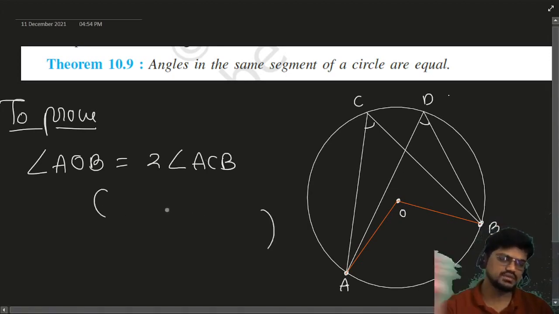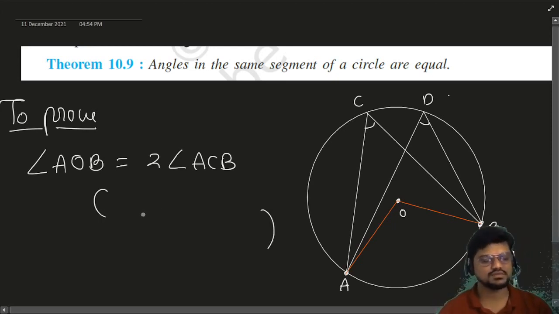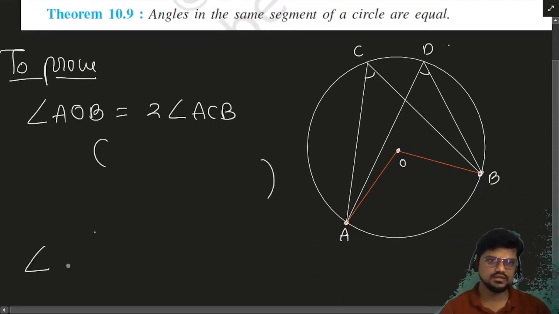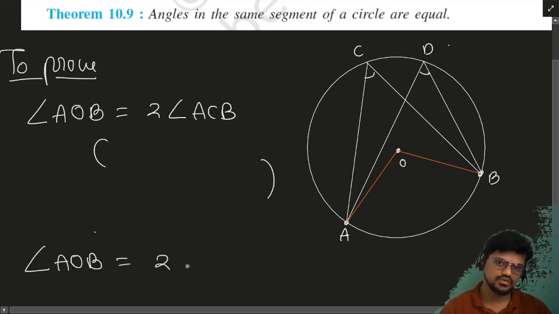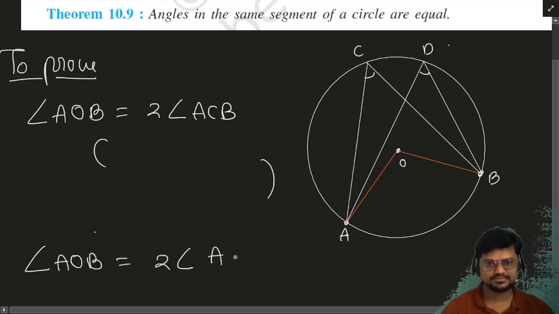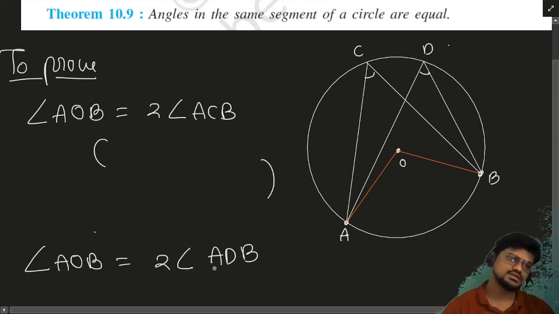The previous theorem: the angle subtended by the same segment at center is twice the angle subtended at any point on the circle. Similarly, I can say that angle AOB equals twice of angle ADB. The same reason.